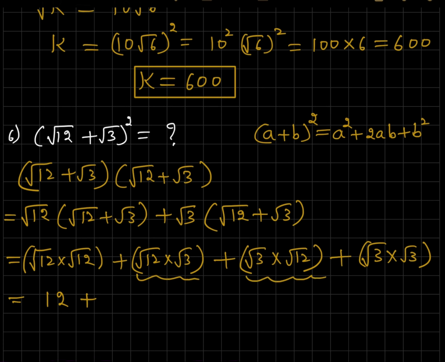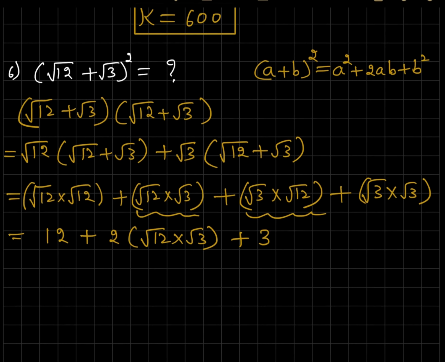So can I say this is 2 times square root of 12 times the square root of 3. Yes, and plus square root of 3 into square root of 3 is 3. Fine. Now this 12 plus 3 is 15.